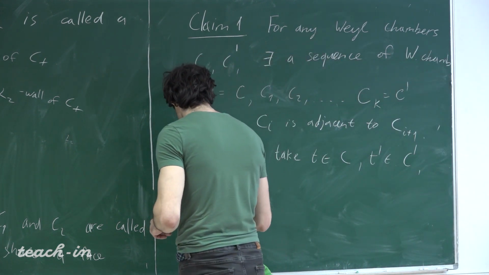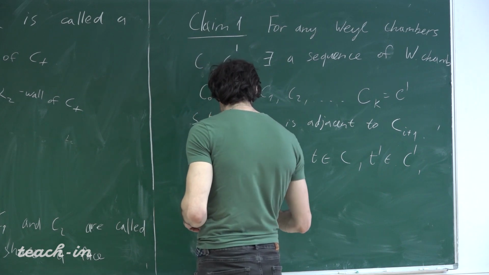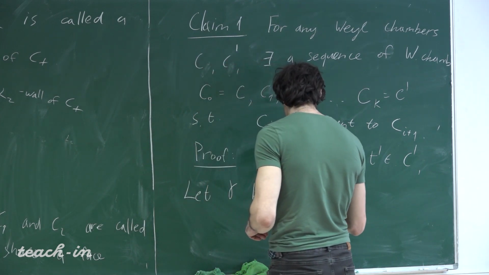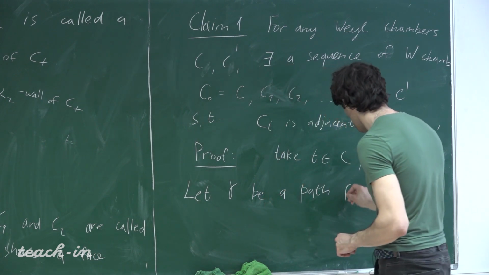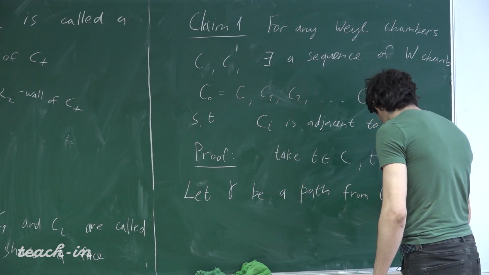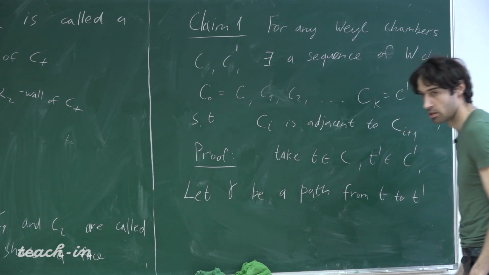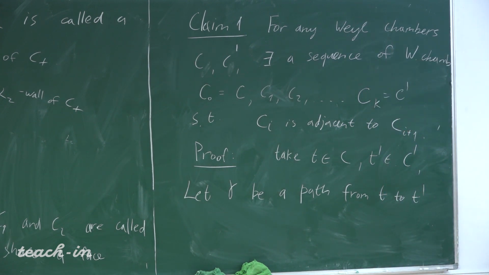So let gamma be a path from T to T prime. But I would like this path to be generic. It intersects hyperplanes, but not at the points or lines of intersection of this hyperplane with some other hyperplane.